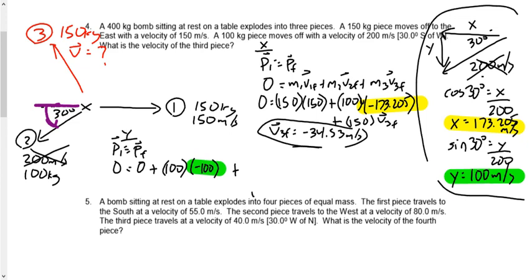Add that to 150 times V3F. Jacob, I think you agree that this one's easier to solve for. Multiply these two together, take it to the other side by adding, because it's a negative number, and then divide by 150. And for that one, we're going to get 66.667. And it does work out to be positive.